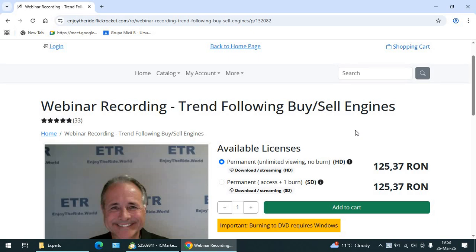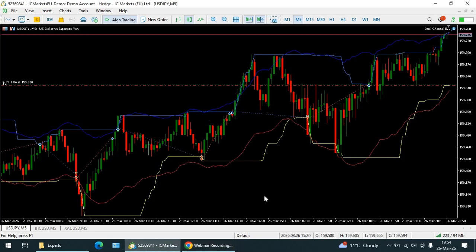Basically they are used as one, the Donchian channels and the Keltner channels, and the buy-sell engine logic is simple. Let's come to the chart.